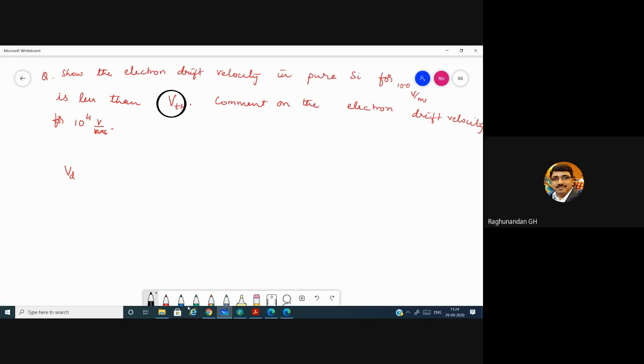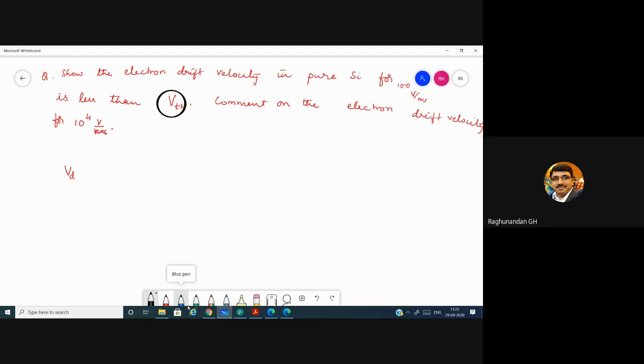So in the beginning we have studied the difference between drift velocity and thermal velocity. Can anyone tell me whether drift velocity will be larger or thermal velocity will be larger? So thermal velocity is larger. Thermal velocity will be larger always.